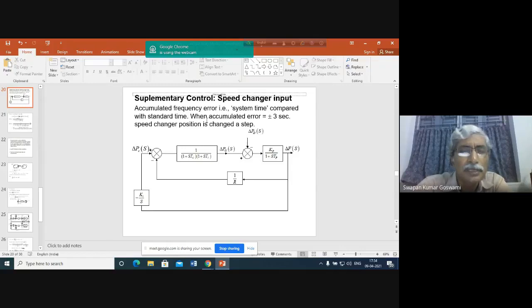Now, after implementation of ABT, undeclared transactions are much less, because if you draw undeclared power, then you have to pay a penalty. If you supply undeclared power, then you have to pay a penalty. How much you have to pay depends upon the frequency. That's why the name is availability based tariff.